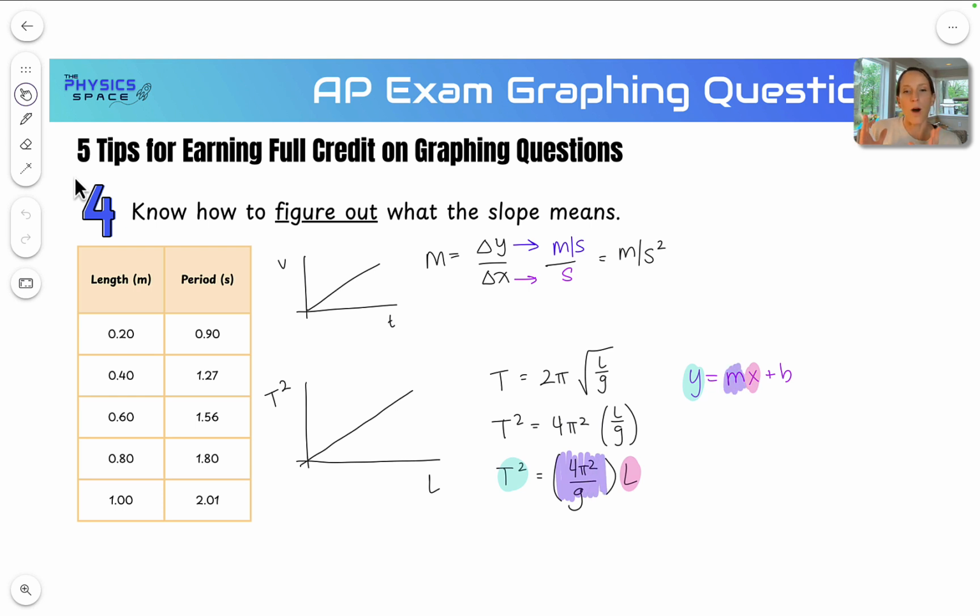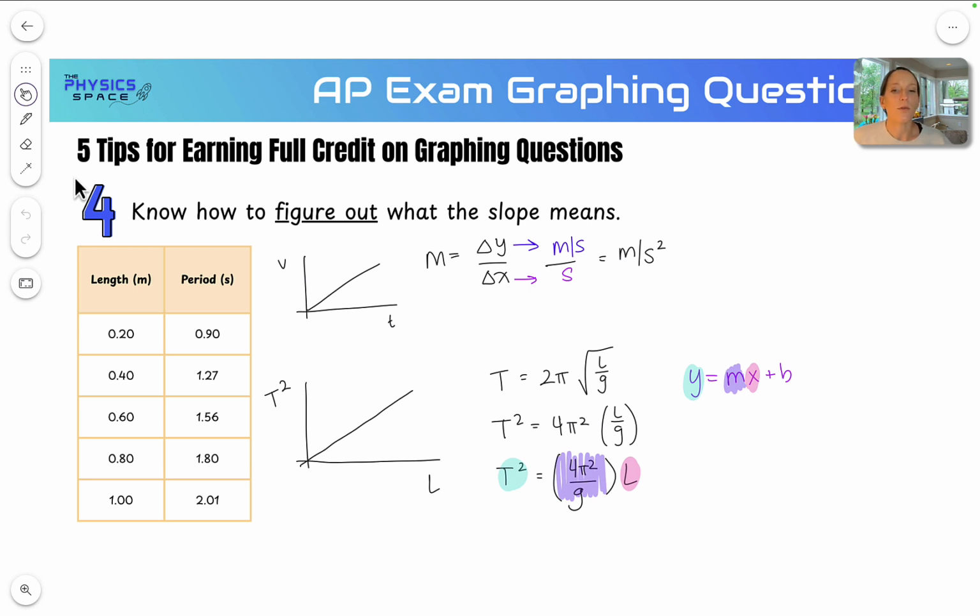So our y-intercept is 0, so no plus b, that makes sense. But I have y equals m times x. And so that means if I graph t squared versus length, my slope is going to be equal to 4 pi squared over g.